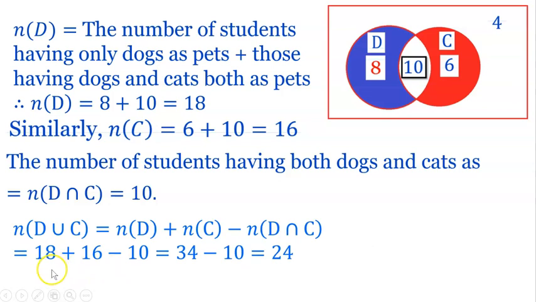Therefore here 18 plus 16 minus their intersection, which is 10. 18 plus 16, 34 minus 10, and that is equals to 24. Therefore N of D union C is equals to 24.